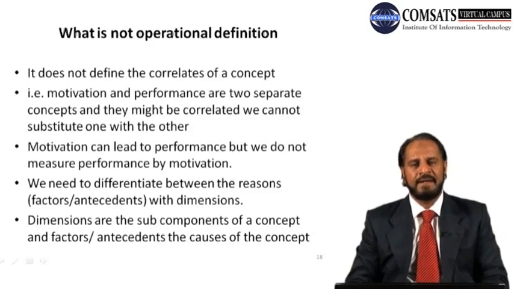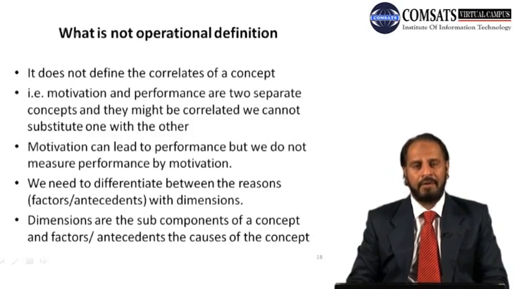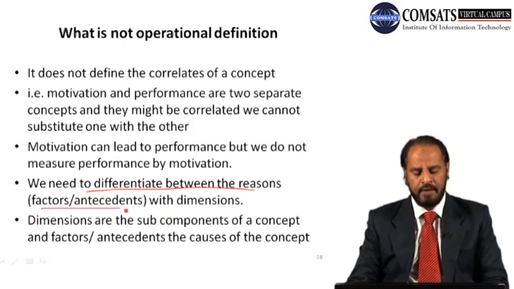Dimensions are basically the ones which actually measure the concept, and antecedents are the variables which affect or influence the variable. So we need to differentiate between the reasons, that is the factors, the antecedents, and the dimensions.